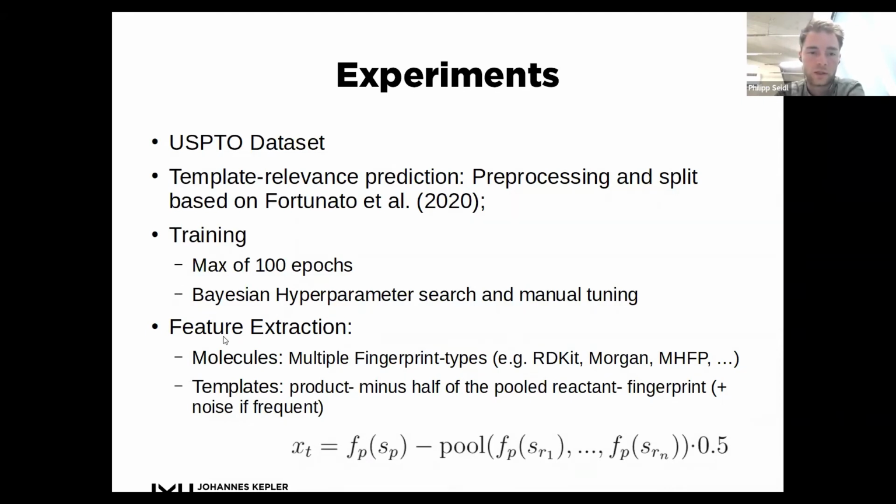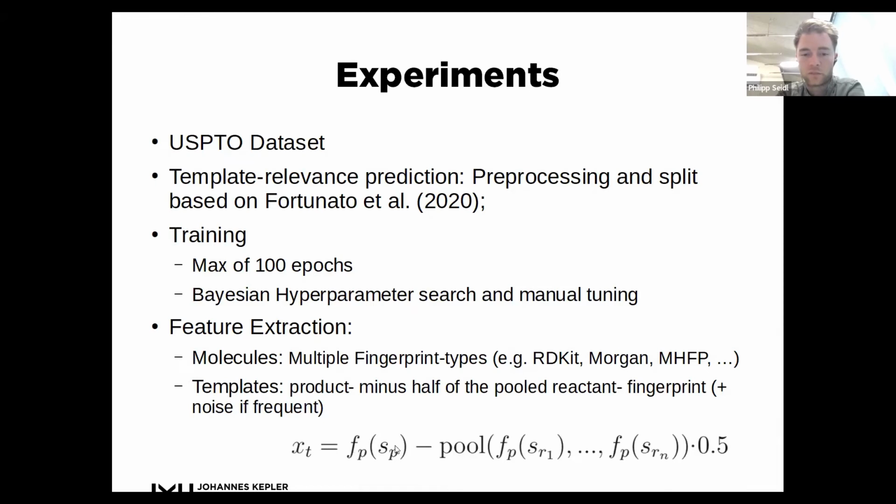One could equally try this out with a GNN. For the templates, we also used fingerprints, but here it becomes more tricky because you have a variable number of reactants but one product on the template side. So here we calculated the fingerprint or the structure of the template, and we found this by trying out different combinations.